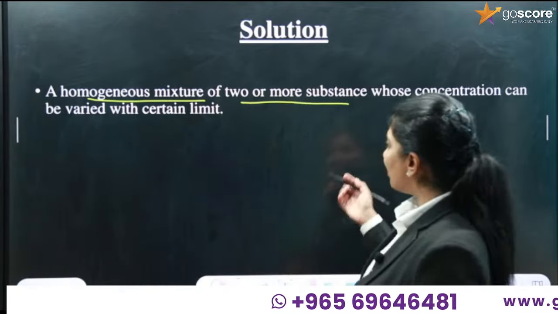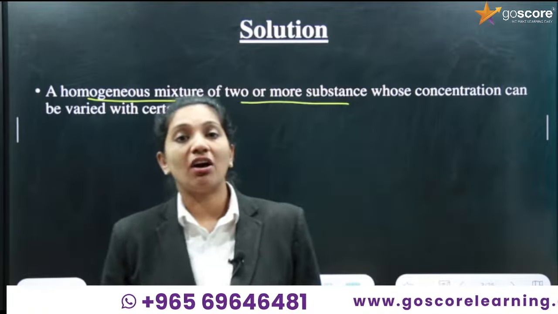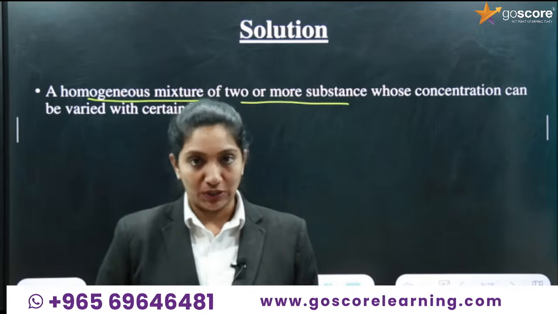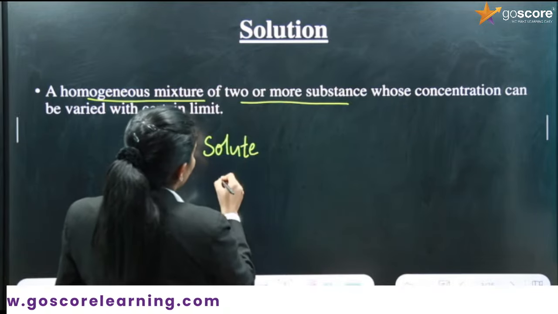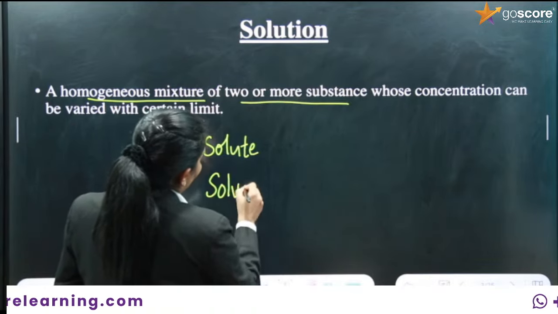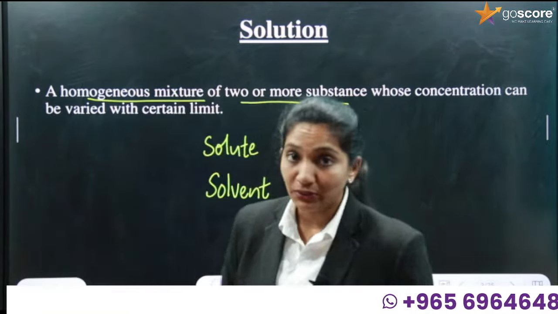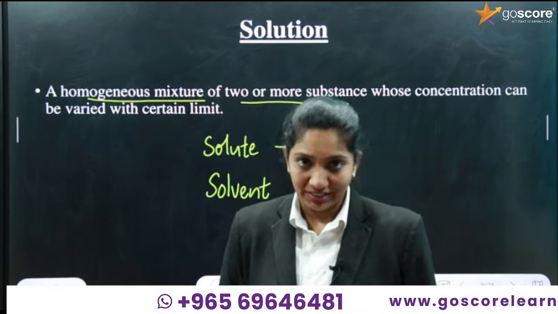So what do you actually mean by these two or more substances? These substances are what we call the components of the solution. And you already know what the components of a solution are. We can say them as solute as well as solvent, right? What is actually the solute? If you are dissolving sugar in water, we will take less quantity of sugar, right?